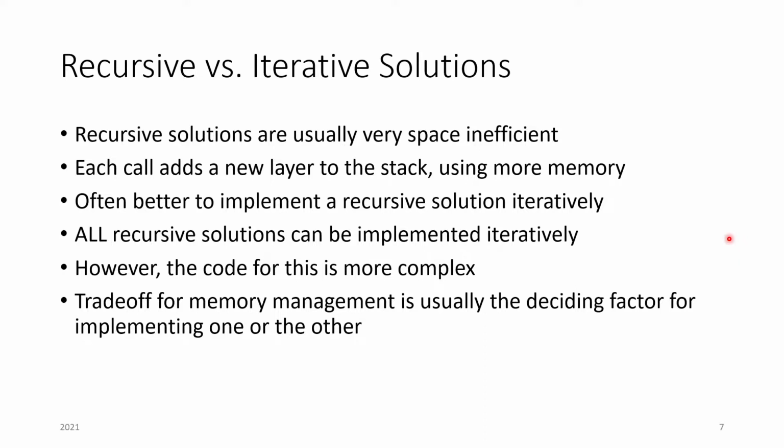So let's say you had to call that function 5 times, that means you're going to have to create 5 different instances of memory. And within the function, if you have any variables, you're going to have to make 5 instances of those variables and any sub-variables and so forth. It just keeps compounding and goes out of control. So recursive solutions are very horrible when it comes to memory.